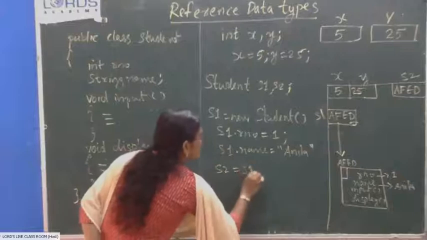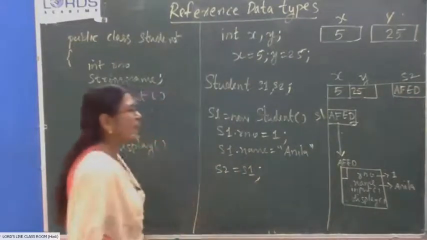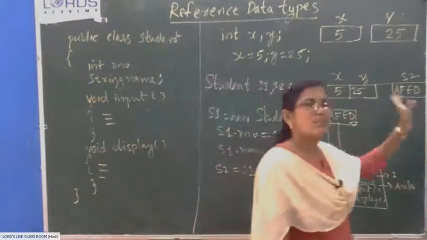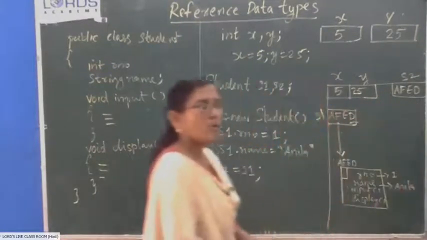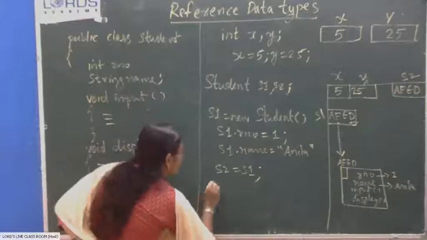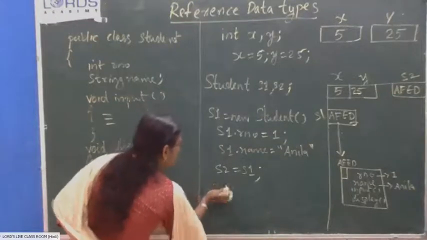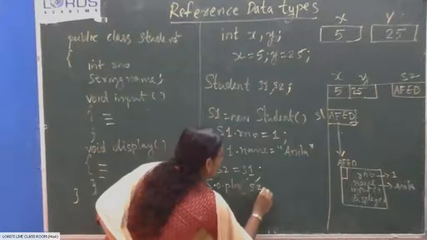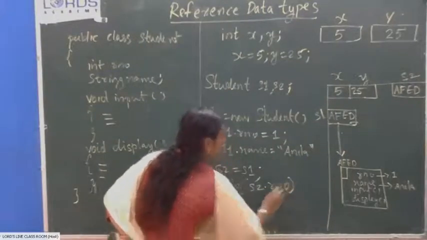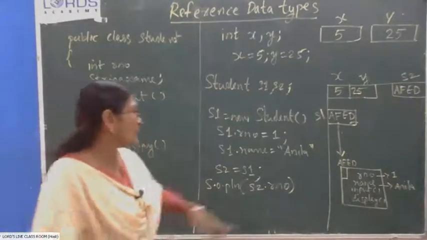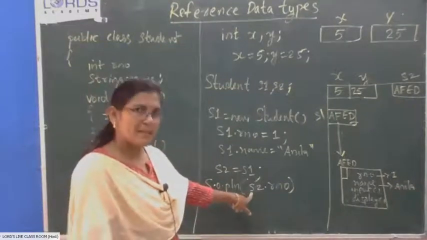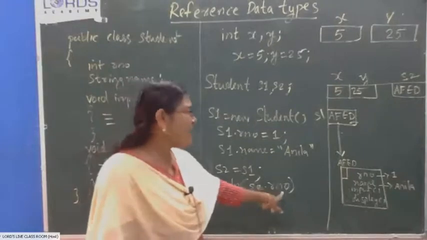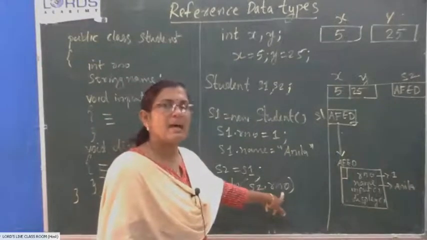S2 equal to S1. Through this statement, what happened is, in S1 we have a memory address. That memory address is given to S2. Now, when I tell the computer System.out.println S2 dot R number, what I am telling the computer is, go to the place which is pointed by S2 and take the value from the location named R number.